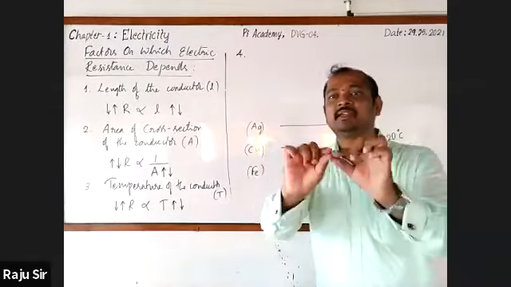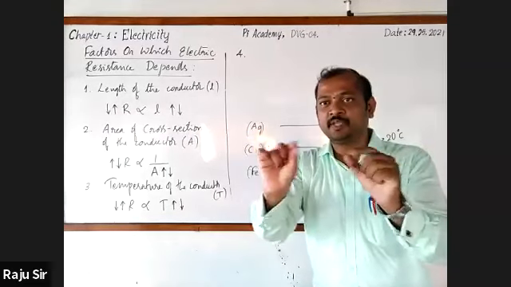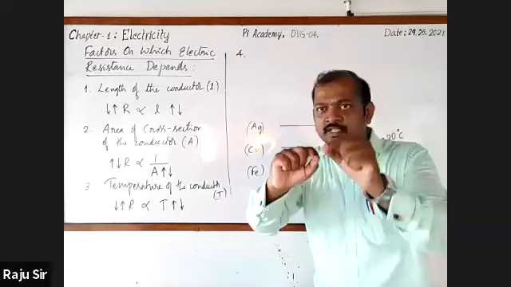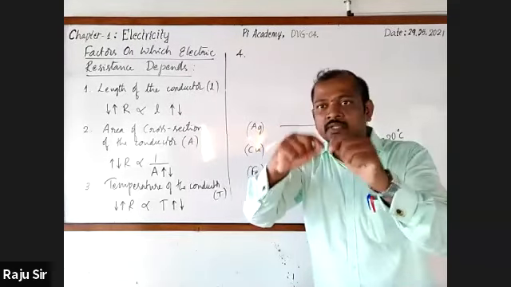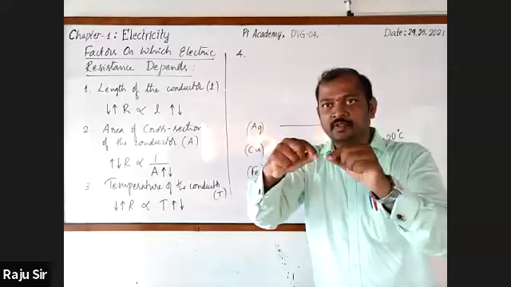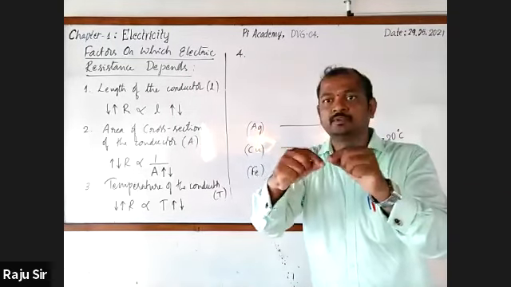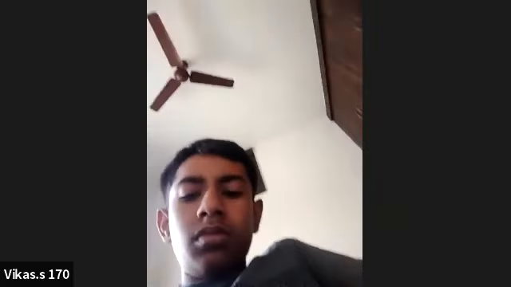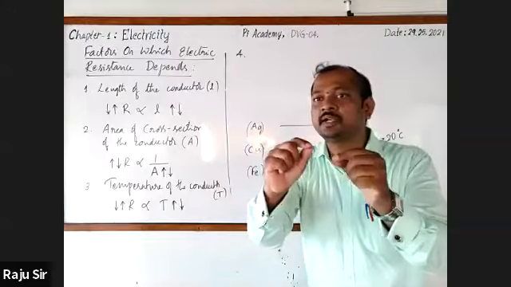Very simple thing. Take a copper wire and a silver wire of the same length and same area of cross section. Just rotate, turning it some number of times. Both can be cut, right? But which can be cut easily?